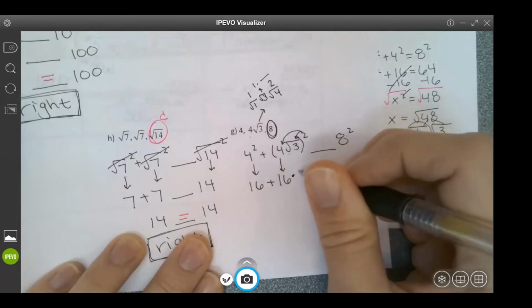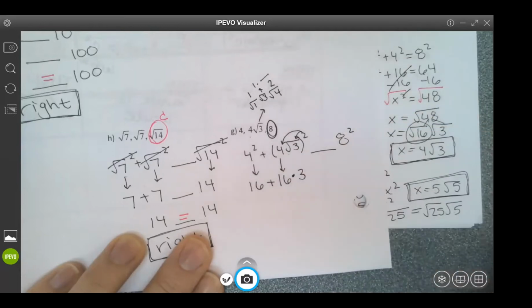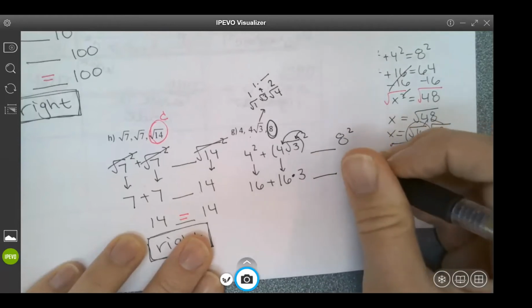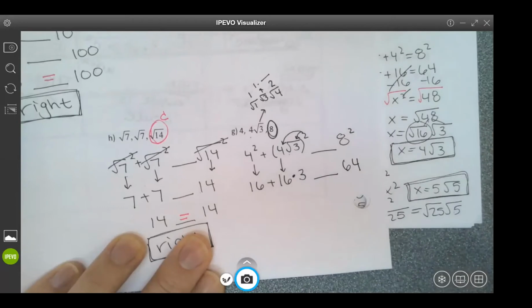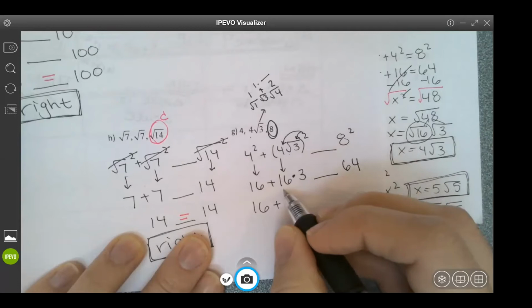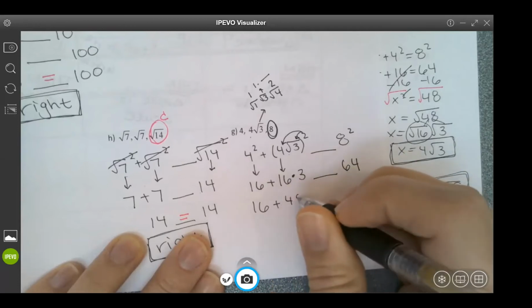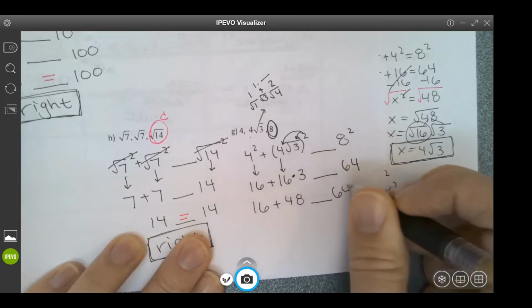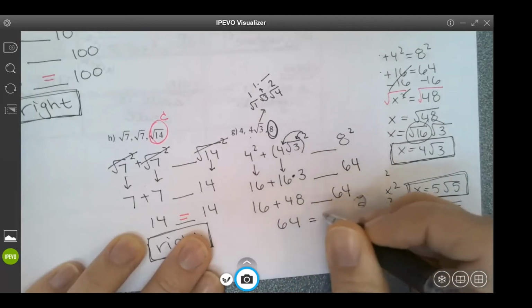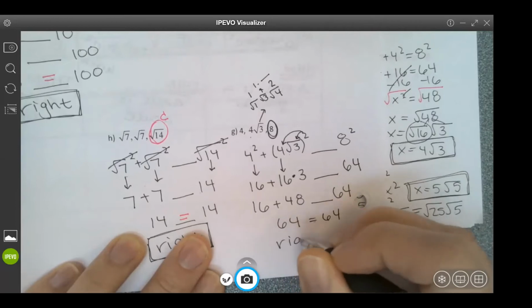Squaring the rad 3 leaves me with just 3. Radical stuff's really tricky. How does that compare to 8 squared, which is 64? So then I have 16 plus 3 times 16, which is going to give me 48. How does that compare to 64? And I get 64 is equal to 64, so this is again a right triangle.